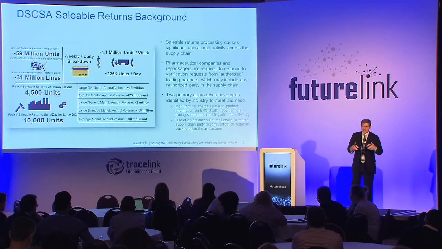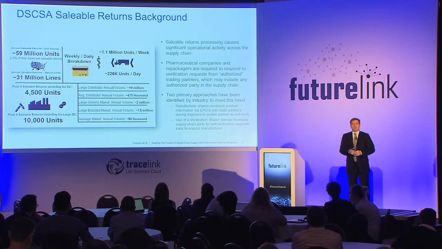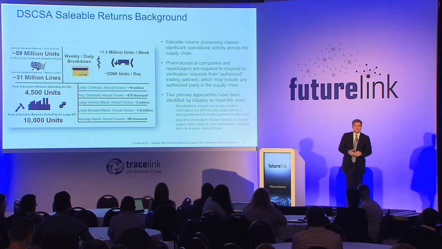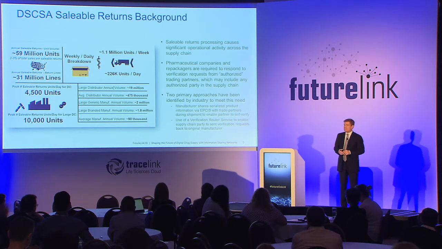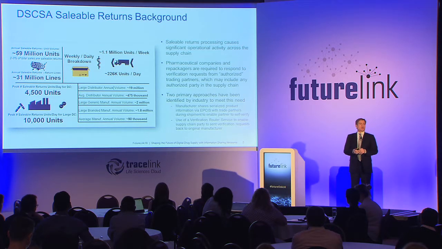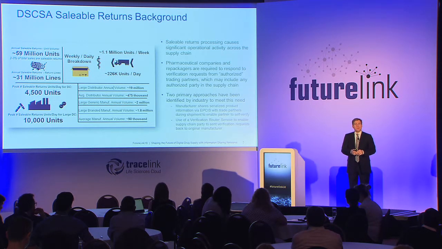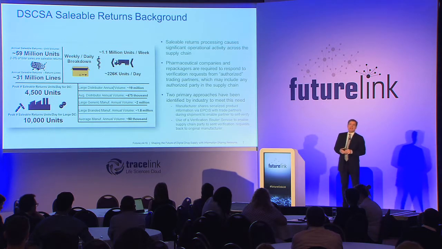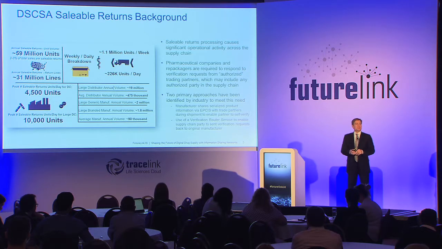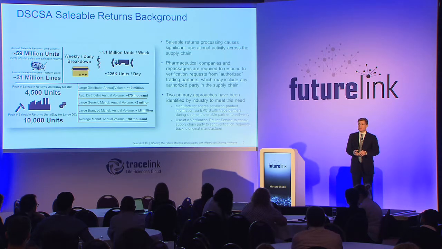The HDA organization, the large wholesale distribution association in the US, did a study in late 2015, 2016, trying to figure out how many saleable returns the major wholesale distributors, the members of HDA, received. Based on that study, 59 million saleable units a year are returned to wholesale distributors and are resold.